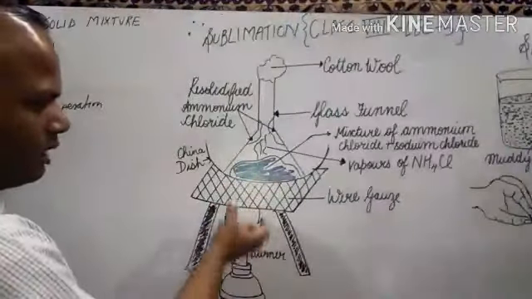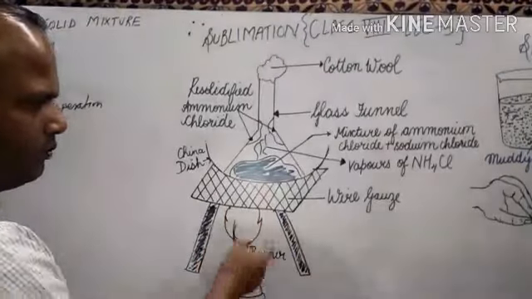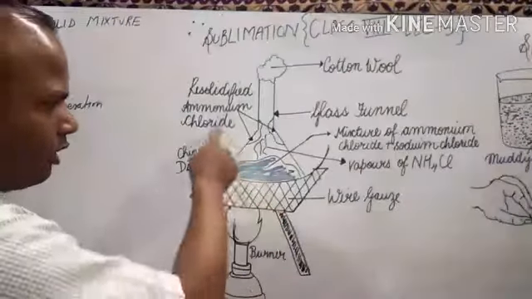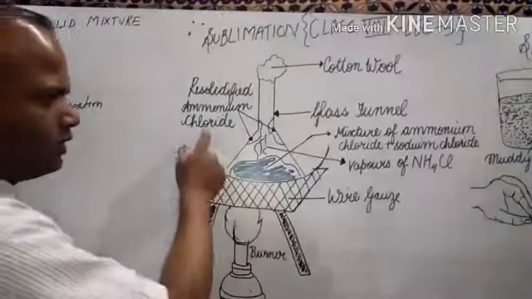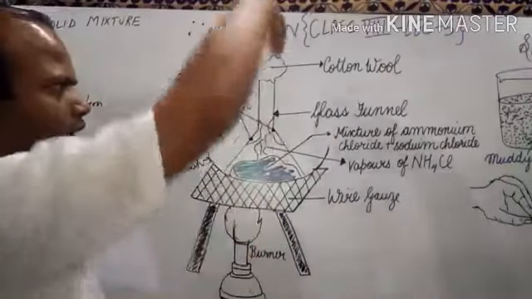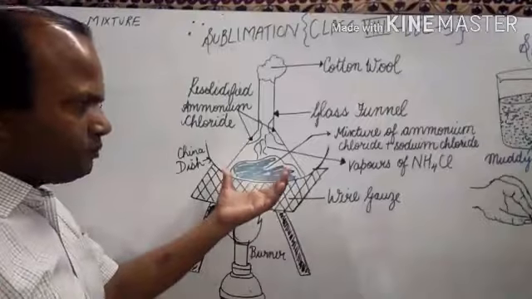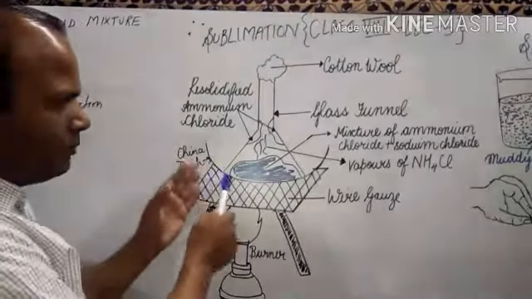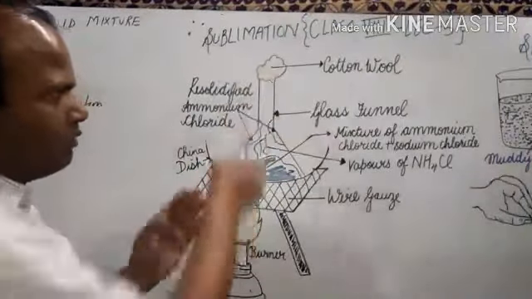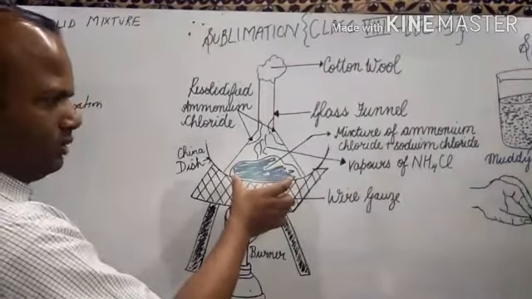It has a net structure, and below it is a burner, so it acts as a stand also. On this wire gauze the china dish is kept, and an inverted funnel is kept over the china dish, and under the funnel we have our mixture.